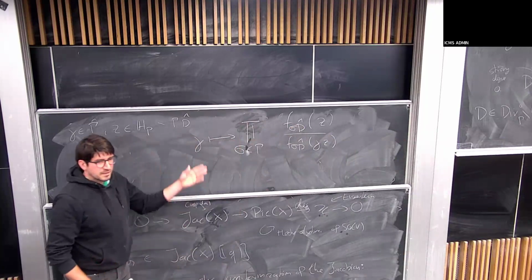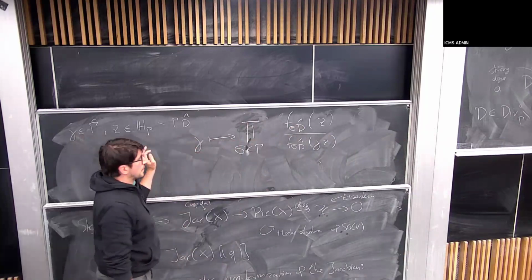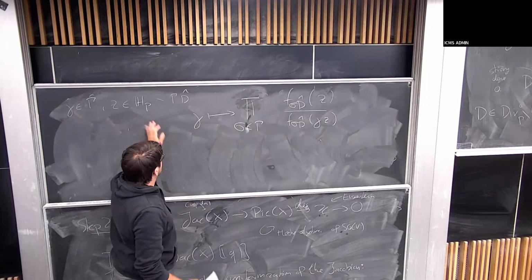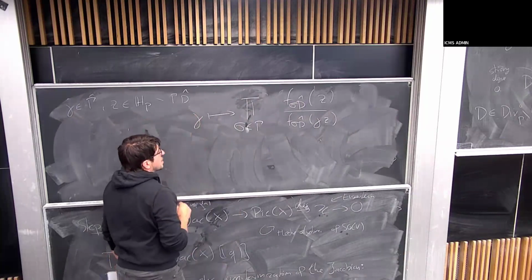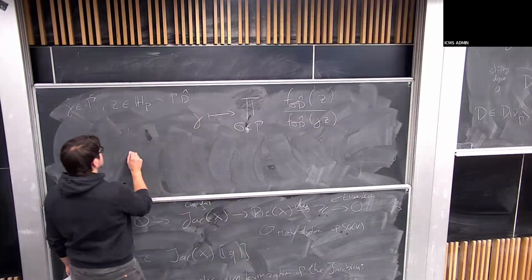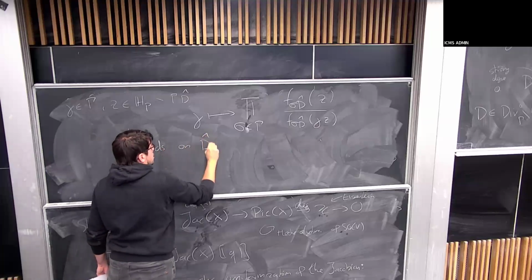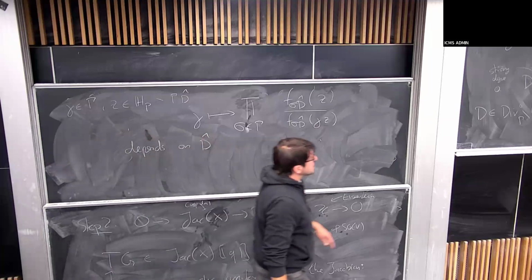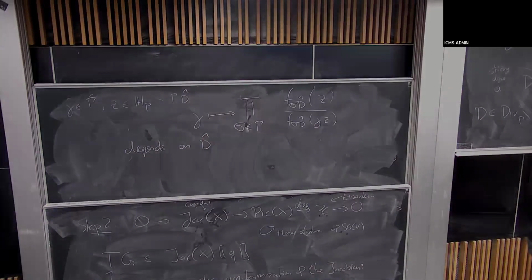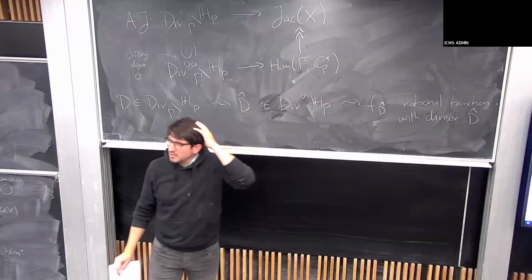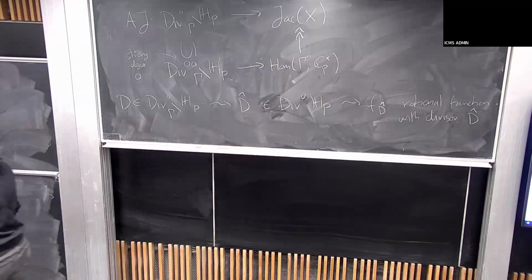But it really depends on your choice of this lift. In fact, the thing you have to mod out is exactly the thing you have to mod out to make this independent of the choice of the lift.